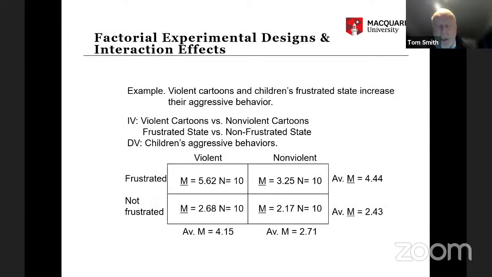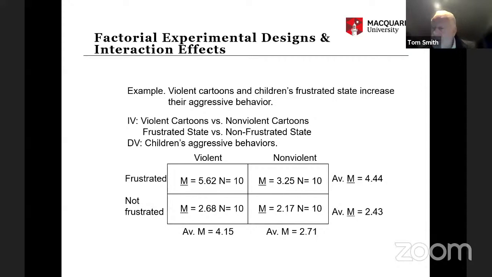People worried that children who watch violent cartoons, that might increase their aggressive behavior. Some people worry that if children watch violent cartoons, that's going to increase their aggressive behavior. But other people say, I don't think that makes any difference.